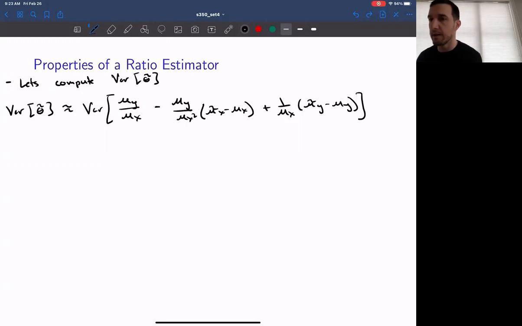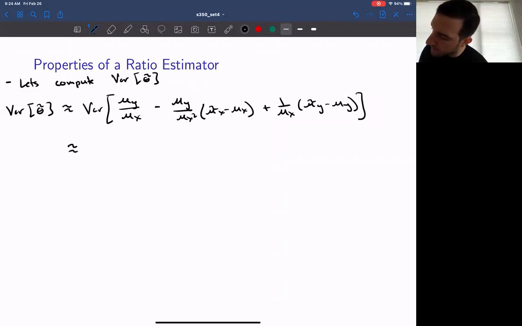Then what we need to do is simplify the inner term to only include the parts that actually have the mu tilde x and the mu tilde y. So you can see that there's going to be a term mu y over mu x squared times mu tilde x, and there's going to be a term 1 over mu x times mu tilde y. But the other terms are all going to be constant with respect to the estimators.